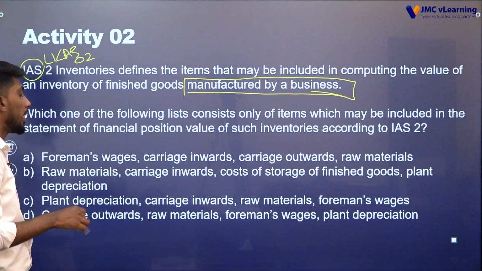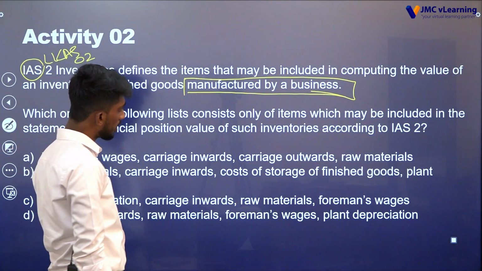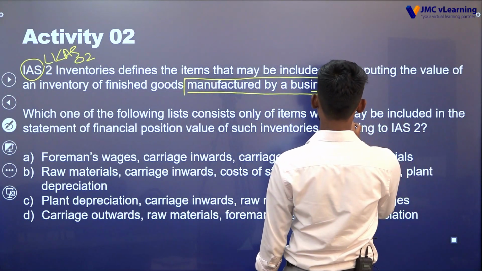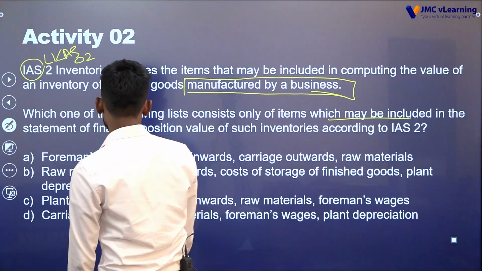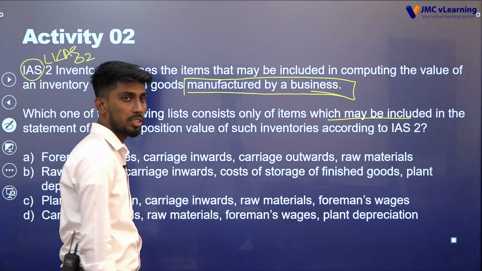Now, let's check what we can include. Which one of the following lists consists only items which may be included, only the items that can be included in the statement of financial position value of such inventories. Okay.